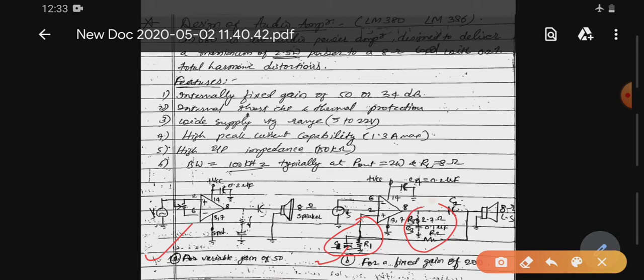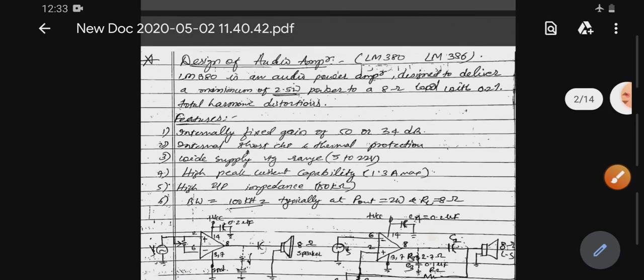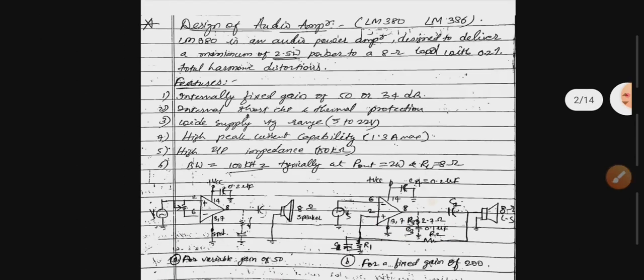IC LM380 is an audio power amplifier which is designed to give a maximum output power of 2.5 watt, and the load can be 8 ohm with 0.2% total harmonic distortion. IC LM380 is a 14 pin DIP package. It has an internally fixed gain of 50, or 34 dB.